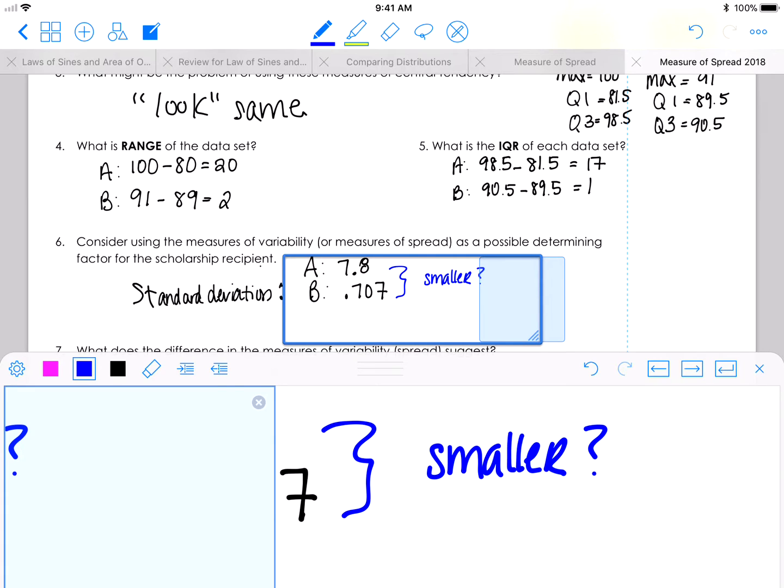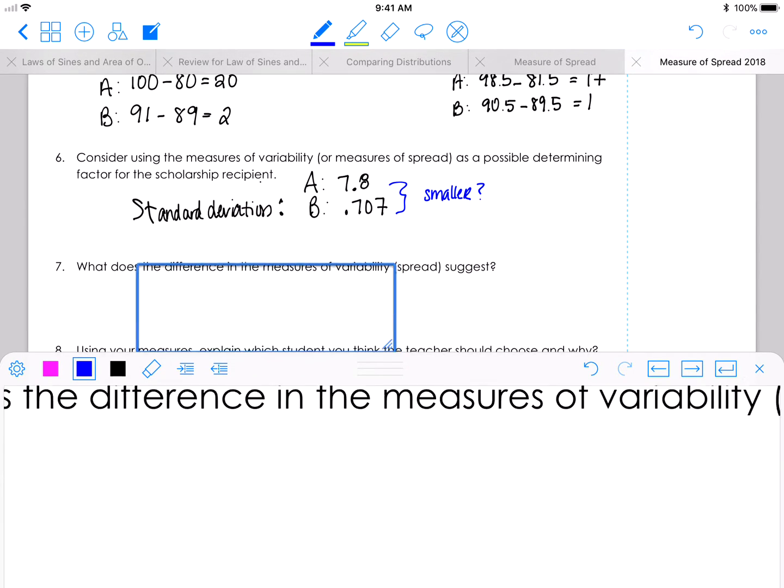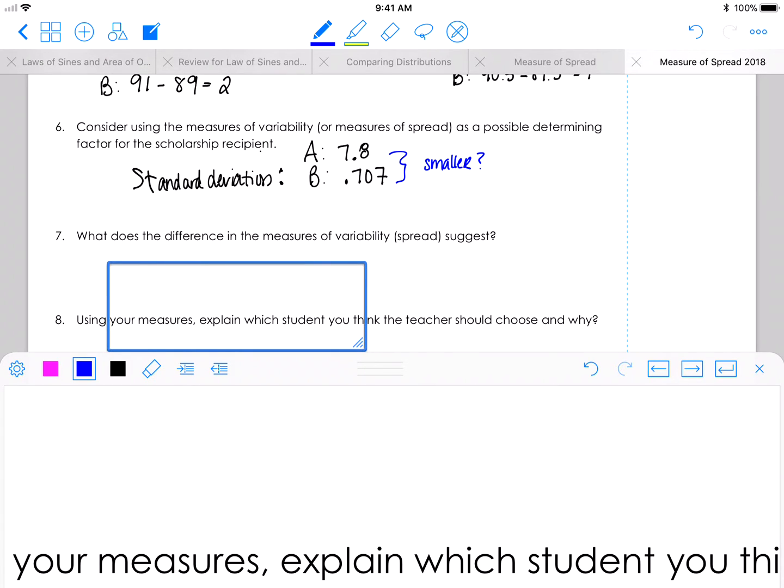In the real world, when we're analyzing data, typically people want their data clustered around the center. It gives them a more accurate depiction of how that data performs, or in our case, how that student performs.